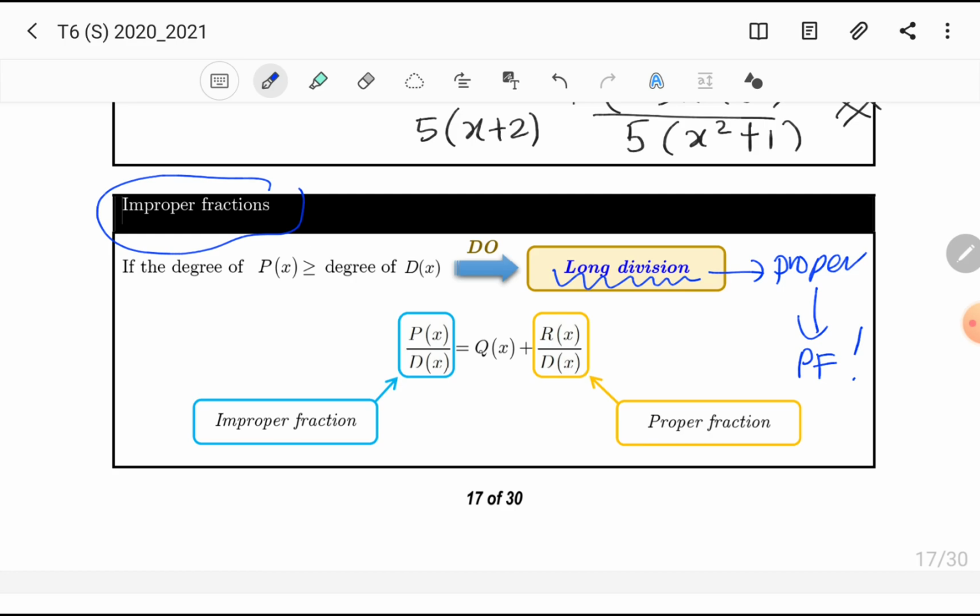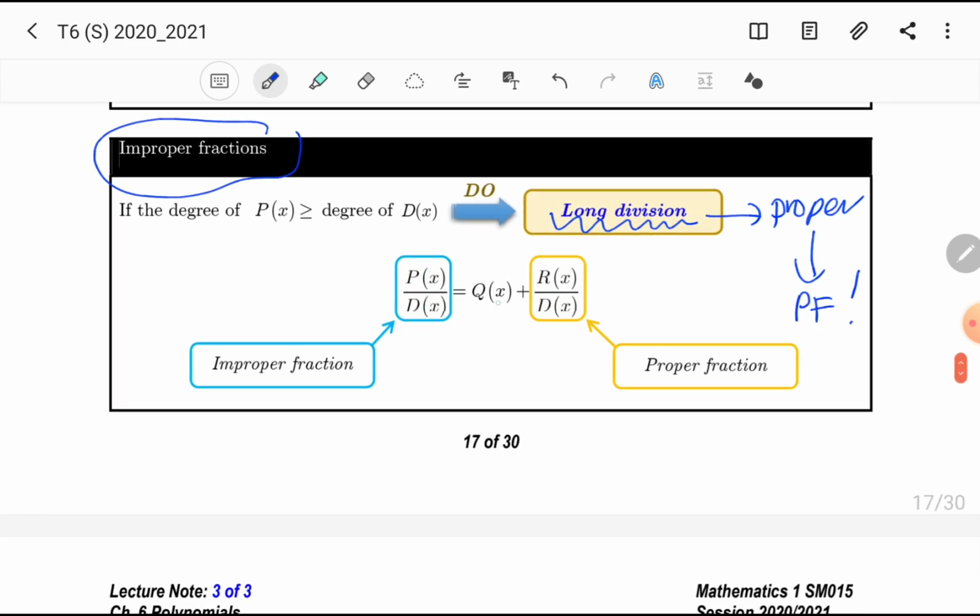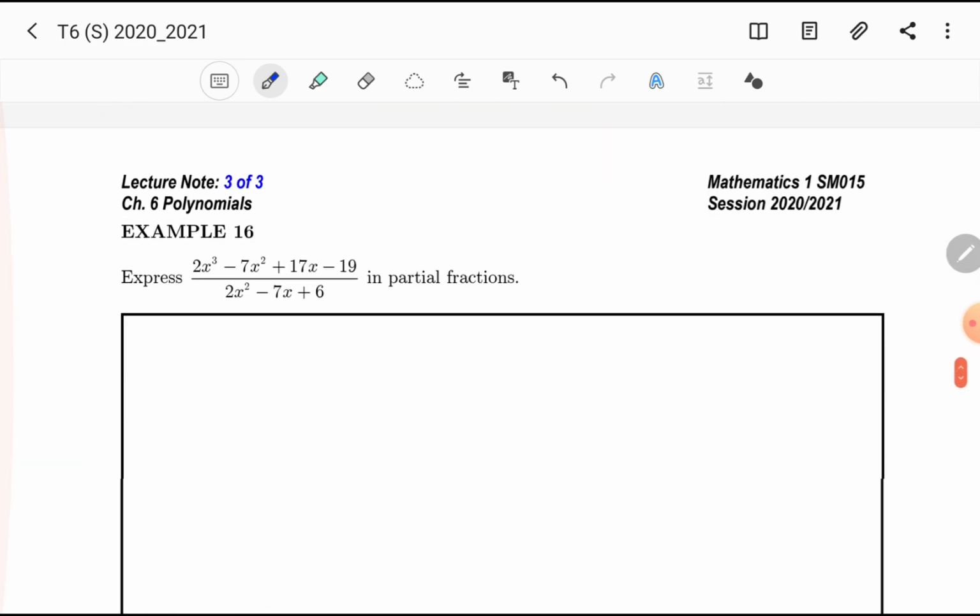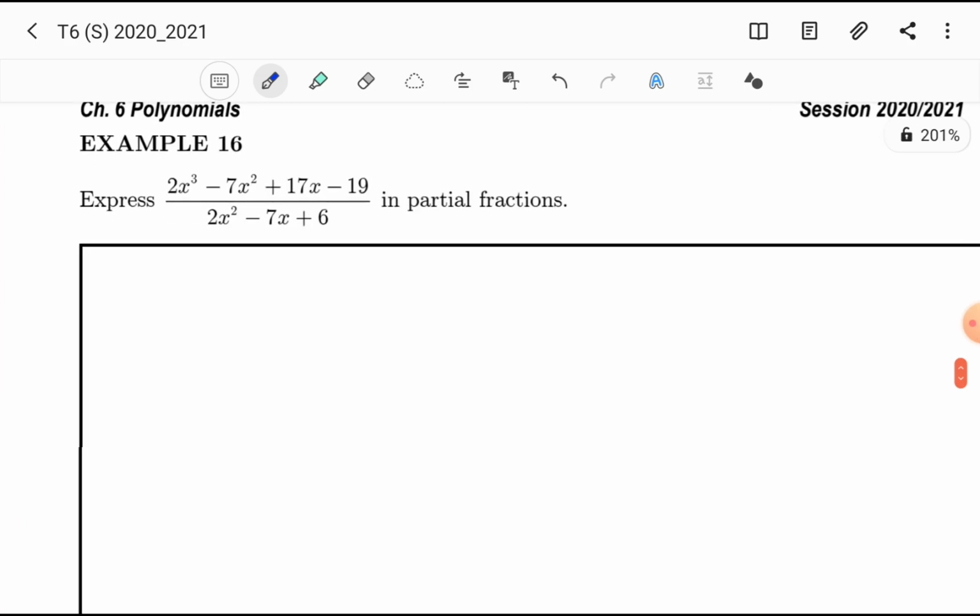Okay. So, improper fraction, dia akan jadi this pattern. The quotient plus R(x) over D(x). Okay, we go directly to example number 16. Okay, if you notice, atas kuasa 3, bawah kuasa 2. So, ini adalah improper fraction.